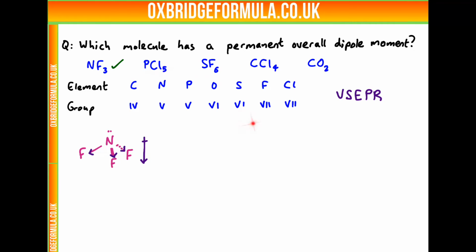So what about PCl5? Well, phosphorus is in the same group as nitrogen, so it again has 5 outer shell electrons. Chlorine is a halogen, again with 7 outer shell electrons, so chlorine will form only 1 bond. So we have a central phosphorus surrounded by 5 chlorines. And what shape would this take? Well, phosphorus is using all 5 of its outer shell electrons.